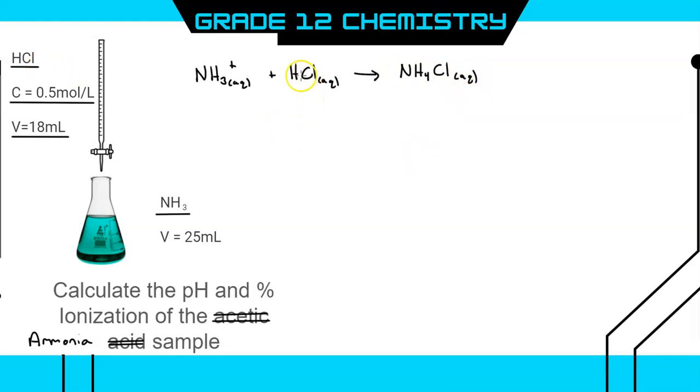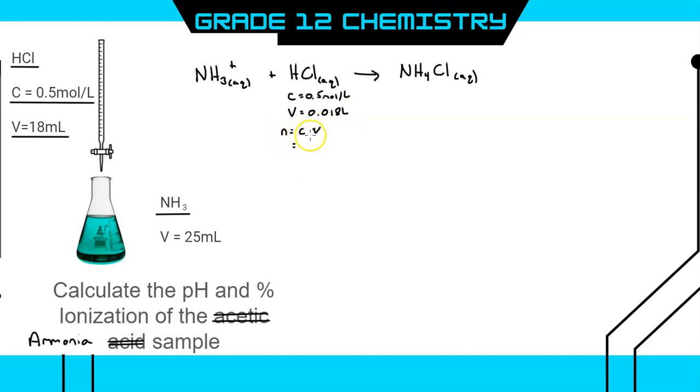Just as before, for hydrochloric acid, we know the concentration is 0.5 moles per liter. We know the volume, let's change it into liters, so 0.018 liters. And we can figure out the number of moles by doing concentration times volume.